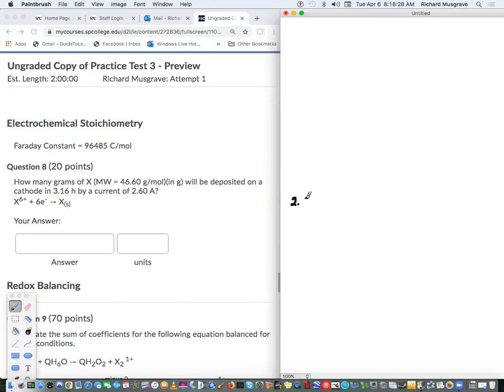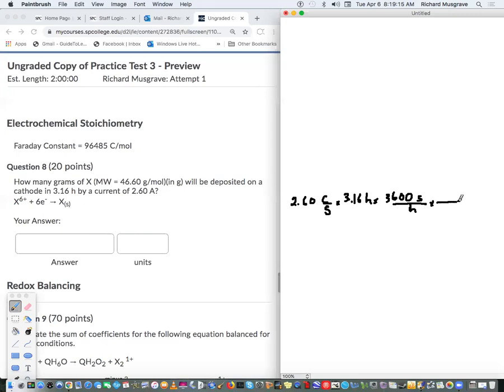So 2.60, and you are given the Faraday constant value up here, but you have to realize that amps is coulombs per second, times 3.16 hours. And that'll give you coulombs.